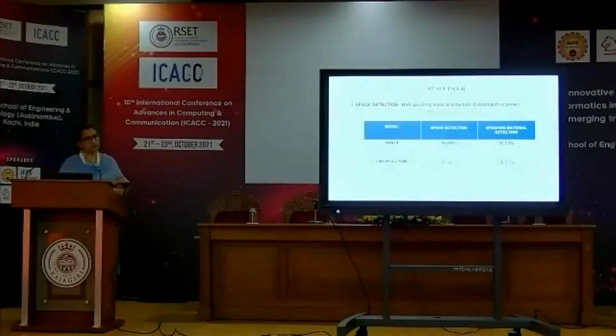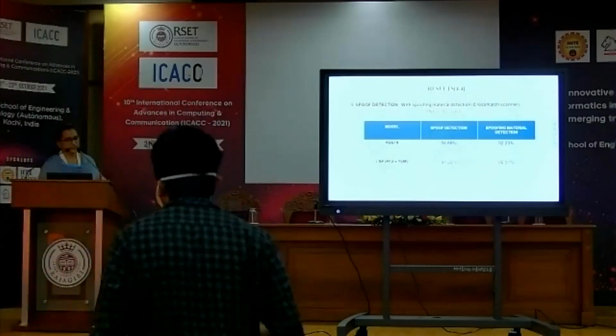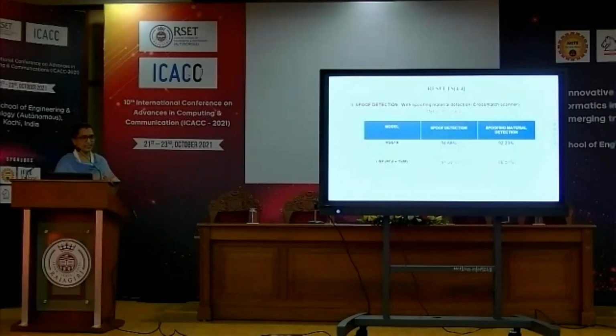You were basically dealing with three types of spoofing material, right? Play-Doh, wood, and latex. So in the spoof detection, we couldn't get that time. In the spoofing material detection, only the cross-matcher scanner was taken.